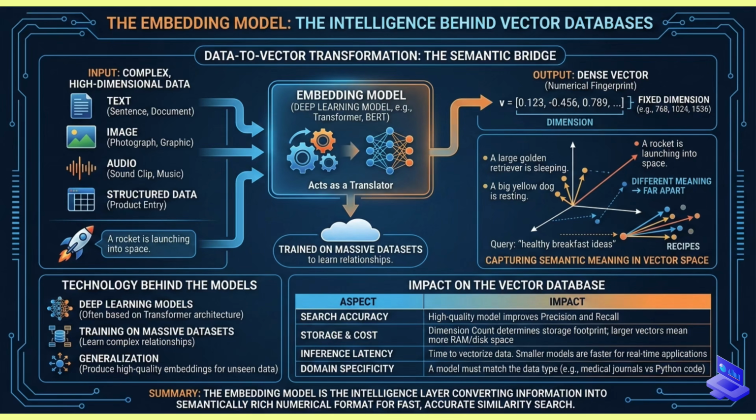The embedding models used today are typically deep learning models, often based on the transformer architecture like BERT, RoBERTa, or specialized models like SentenceBERT or OpenAI's text embedding models. These models are trained on massive datasets like the entire internet to learn the complex relationships between words, concepts, and ideas.